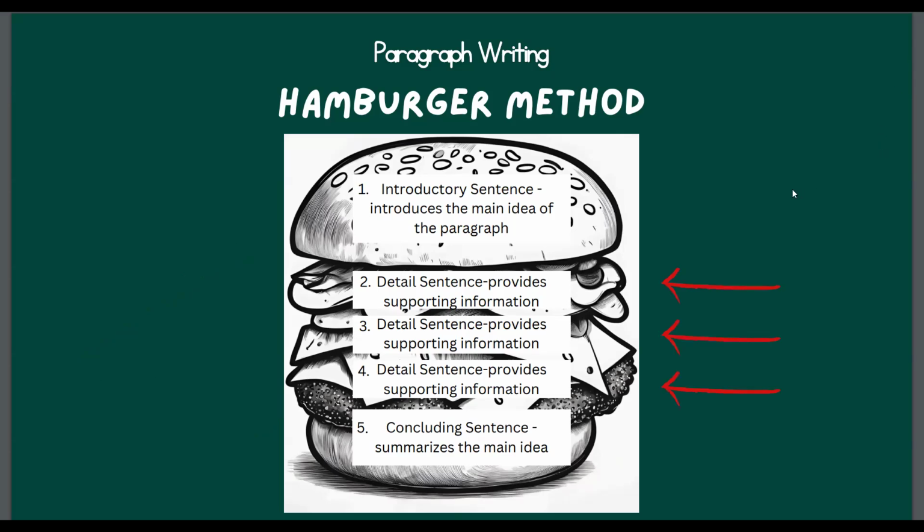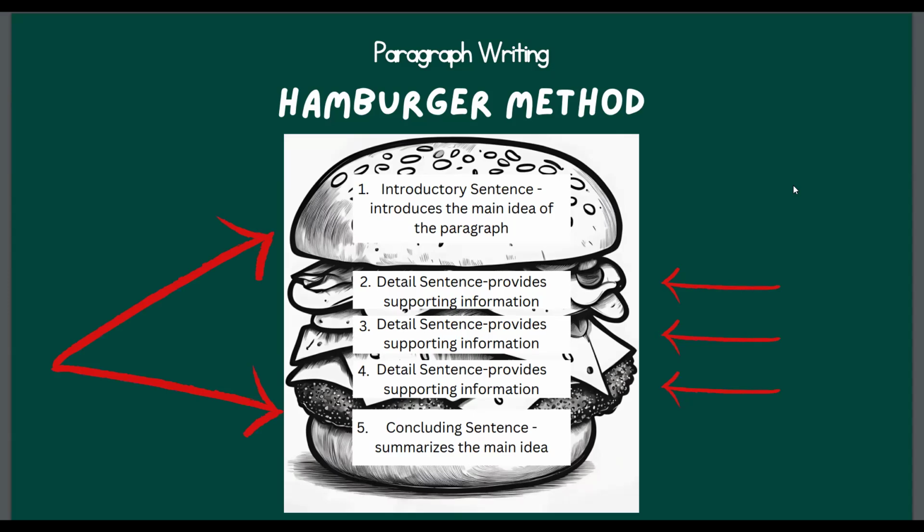Now, inside the buns, there are usually lettuce, tomato, the hamburger patty. So for the paragraph, we call these the detail sentences. They provide the supporting information. So for a 5-sentence paragraph, you're going to have 3 detail sentences.